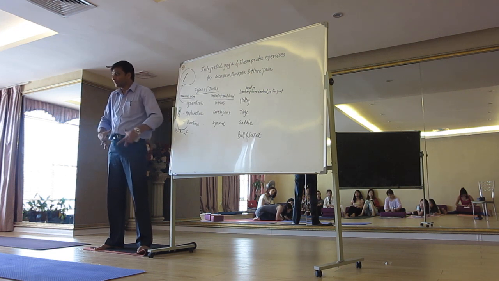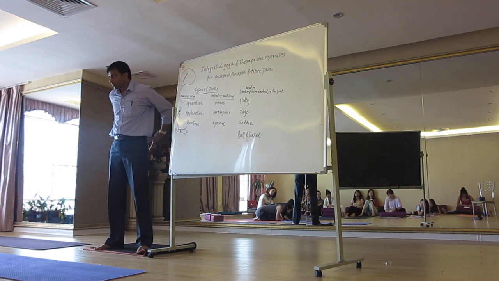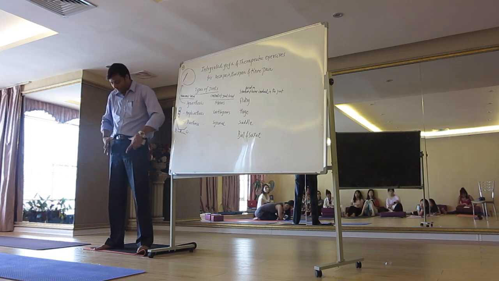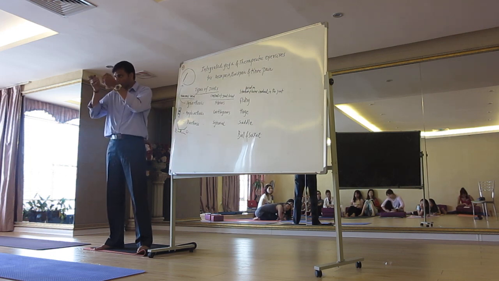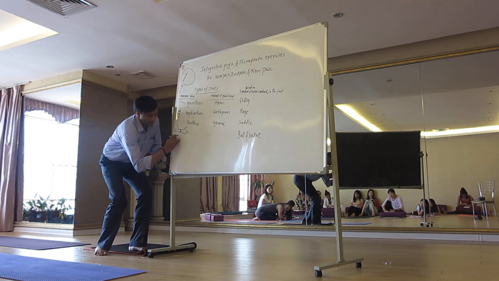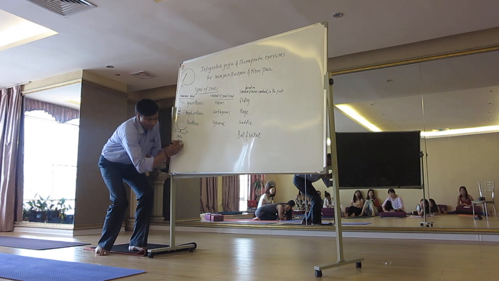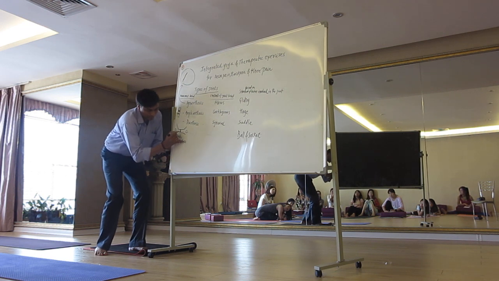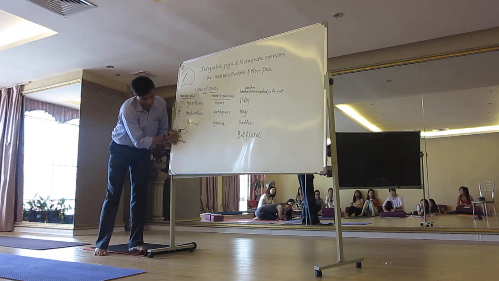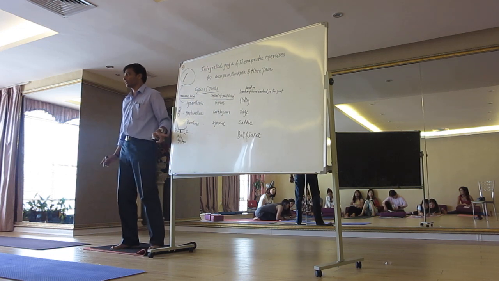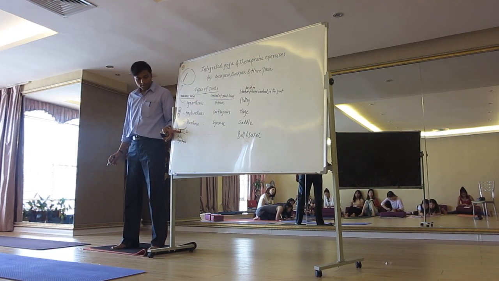If this is my pelvis, there are three bones: sacrum, iliac, and ischial. They come and join together in front in the form of a symphysis. We call it pubic symphysis.